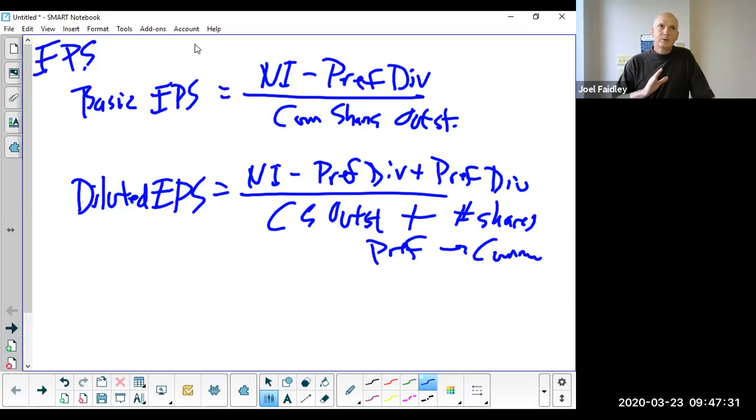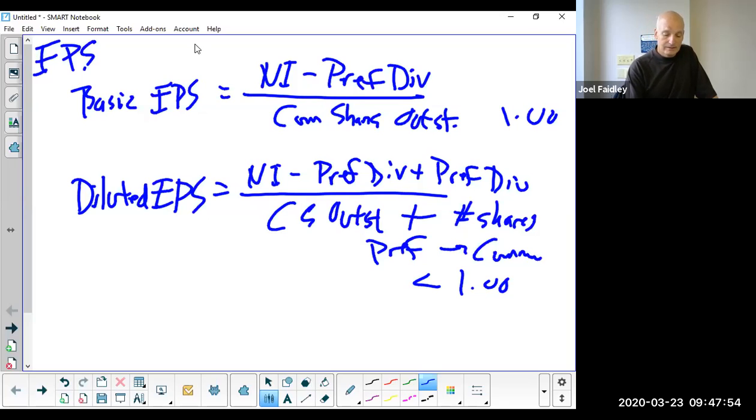And the purpose of that, based on the conservatism principle, is this should have a dilutive effect. So if my basic earnings per share was $1 here, most times, but not always, this diluted earnings per share will make this earnings per share less than $1. Maybe 90 cents, maybe 80 cents, whatever it might be.